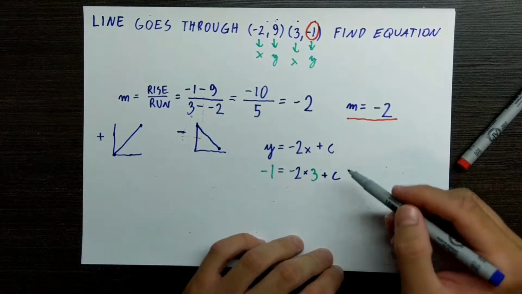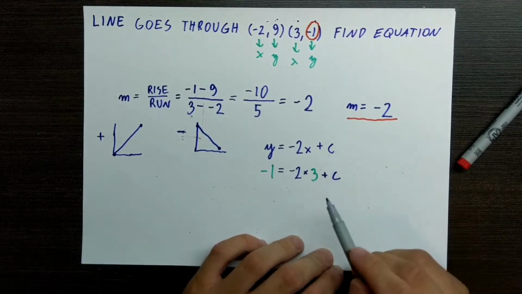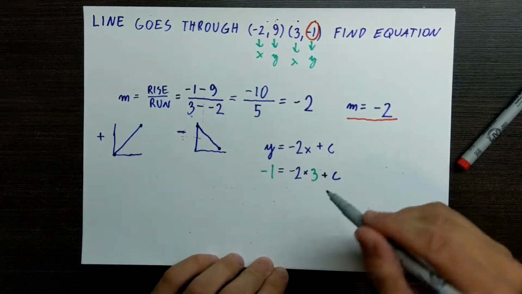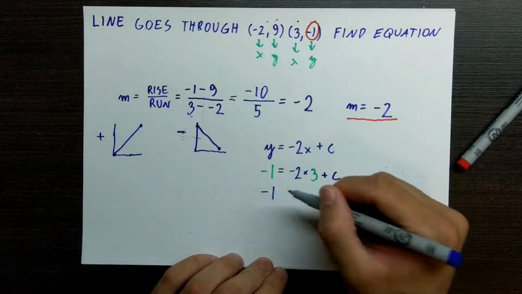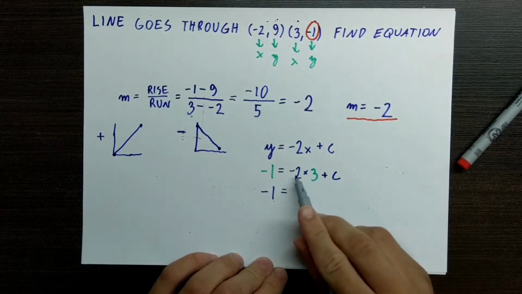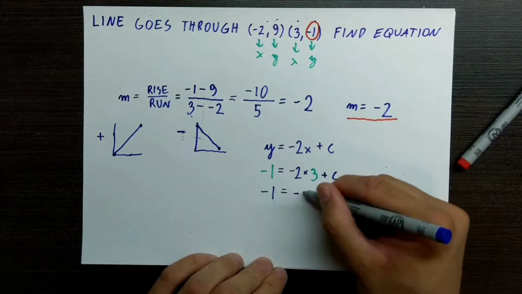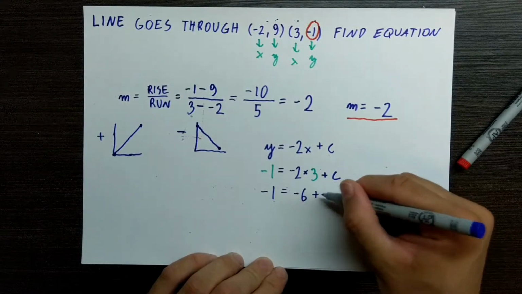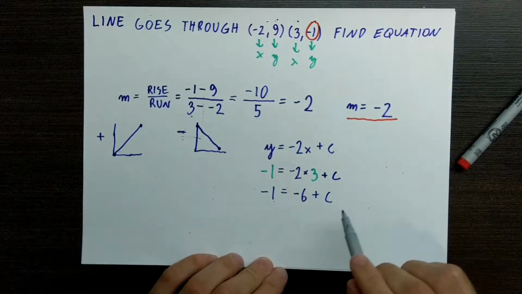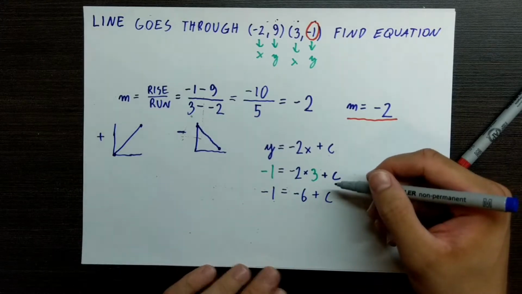So now we can solve this for c. Let's first tidy this up. So now we have -1, which is equal to -2 times 3, so that's equal to -6 plus c. So that's our tidied up version of the equation.